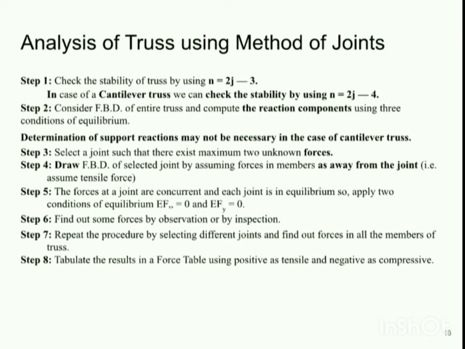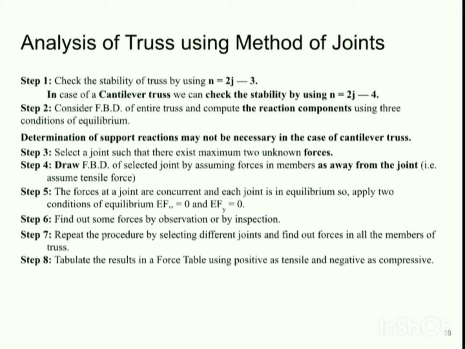Then step number 3, we need to select a joint in such a way that not more than two forces are acting on the joint. We need to isolate all the joints one by one, and we need to start with a joint that carries not more than two unknown member forces.